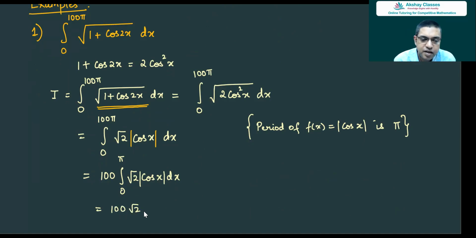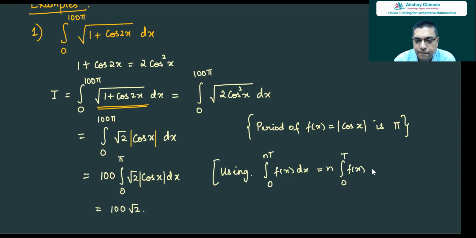Now further, 100 root 2 into mod cos x. We have used this property, integral 0 to nT f of x dx for a periodic function is n times integral 0 to T. That's what we have done.